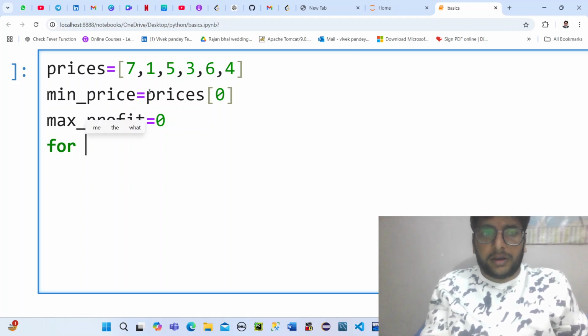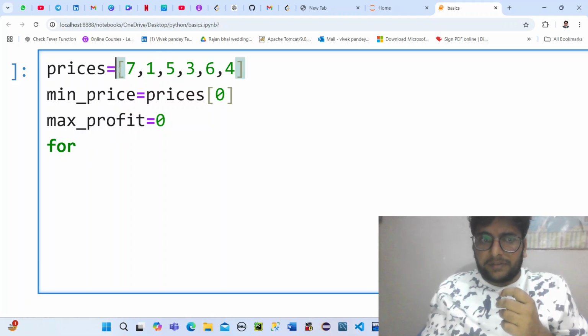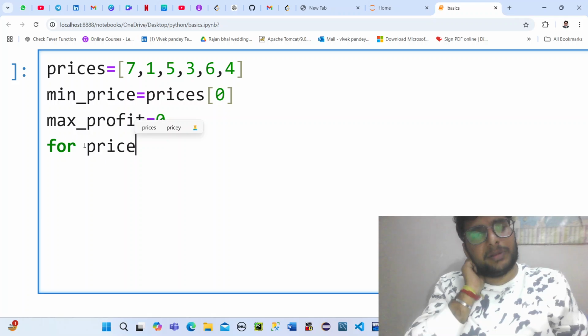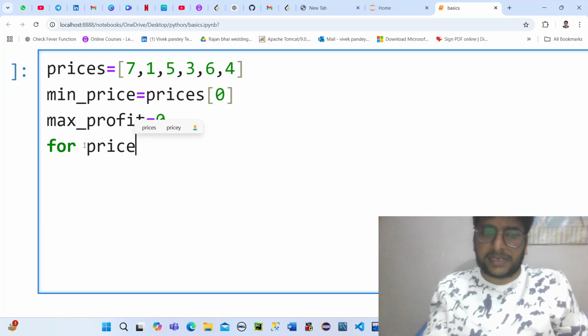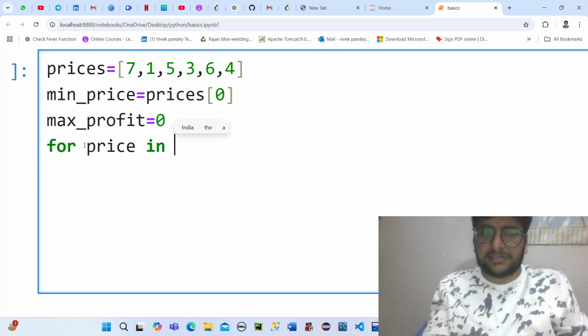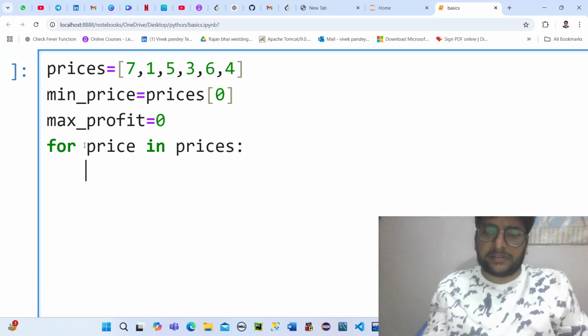Now I said I need to traverse throughout, so I'm using for price in prices. I'm just taking this as a variable. Generally we do take for i in range, but I'm just taking price. We can use range of length of prices, but also we can use prices because it is also a list and sequence.